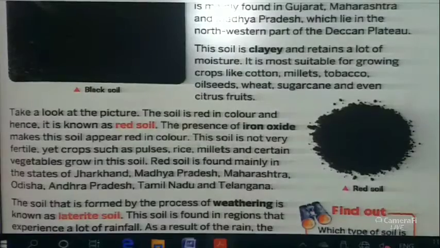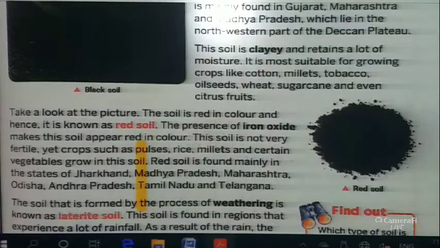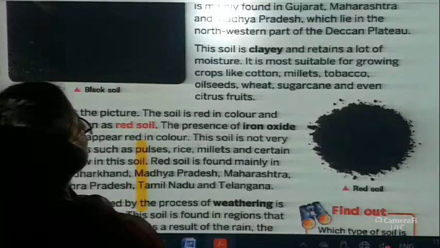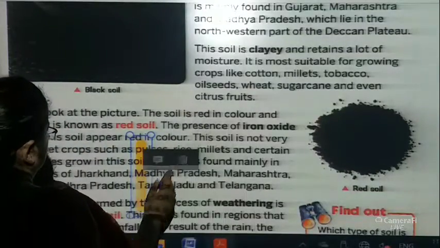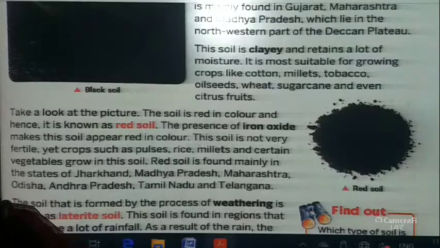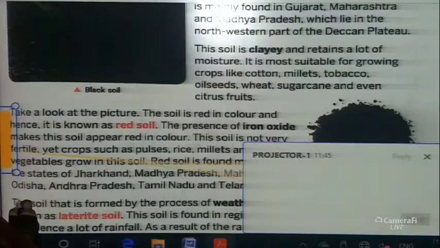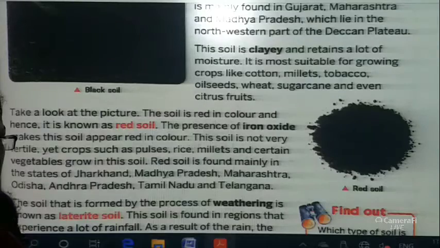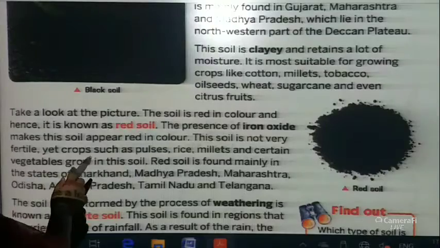Then we will read about the red soil. Okay, it looks absolutely red, children. Take a look at the picture.